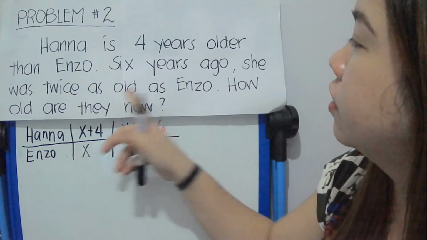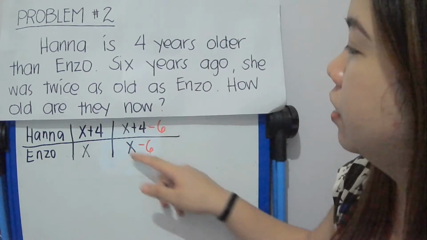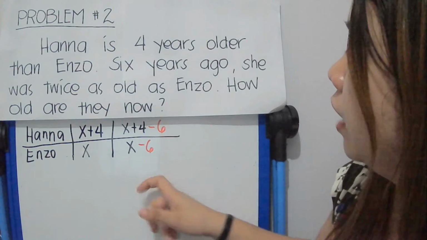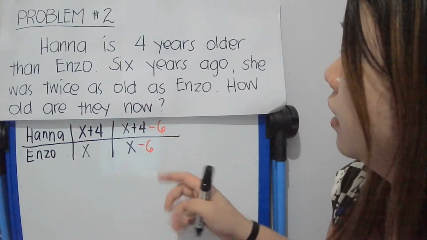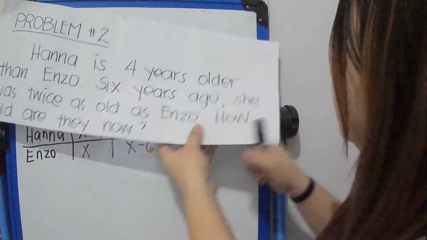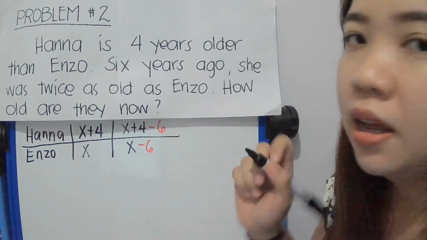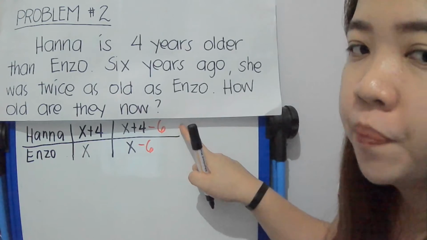So, apply na natin ito. She was twice as old as Enzo. So, ito yung gagamitin natin kasi 6 years ago. So, ito yon. Yung age daw ni Hannah, doble nung age ni Enzo. 6 years ago. So, what we're going to do is, itatwice natin yung age ni Enzo, plus i-equal natin siya sa age ni Hannah. So, paano yun?